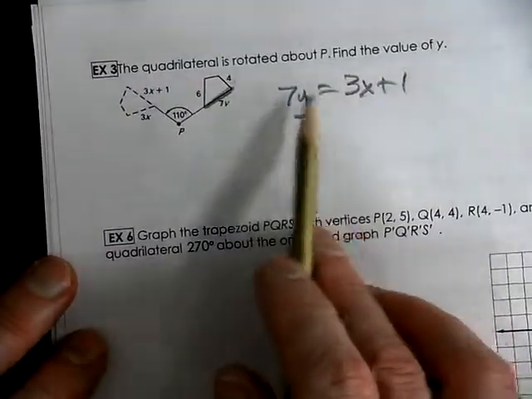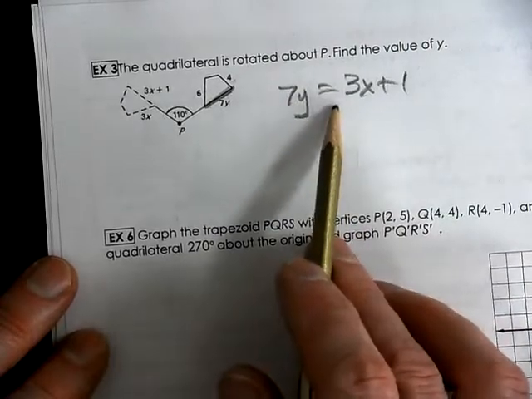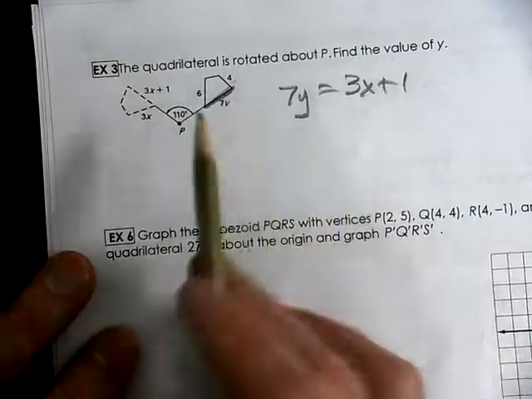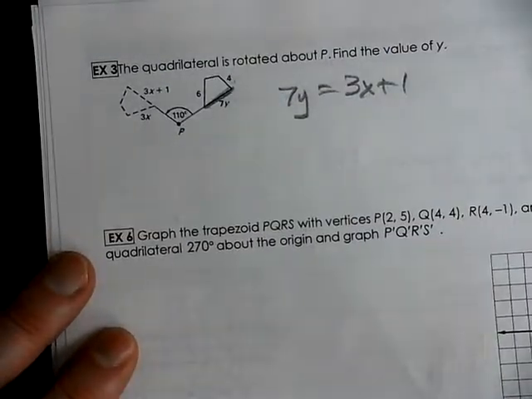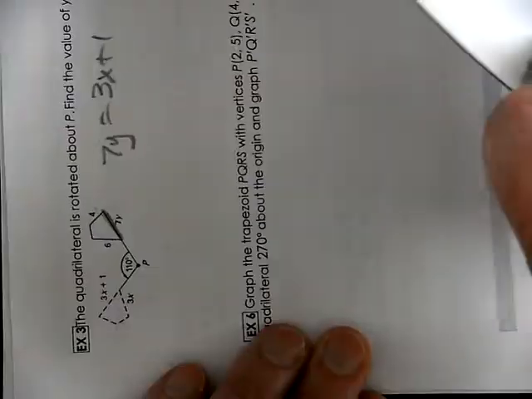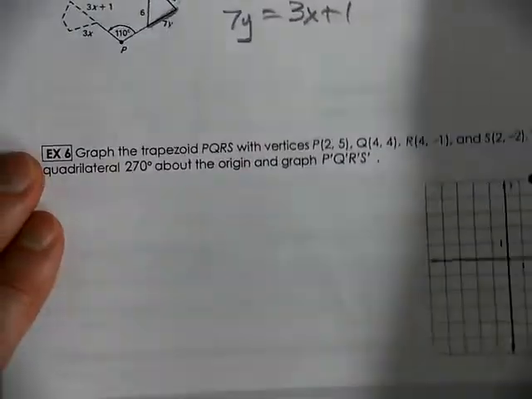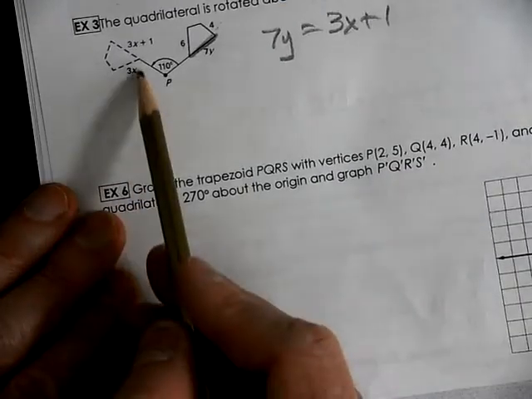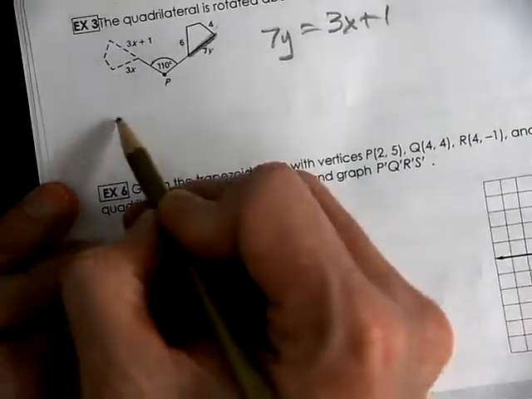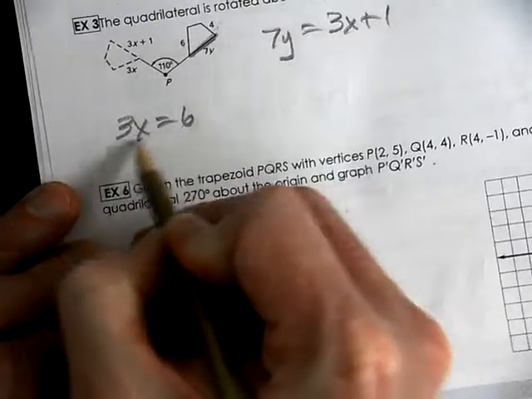But I can't solve that because the variables are the same. What's the other two that line up with each other? As I rotate it, what ones are matching up? What one's on bottom? What one's on bottom? 3x equals 6.